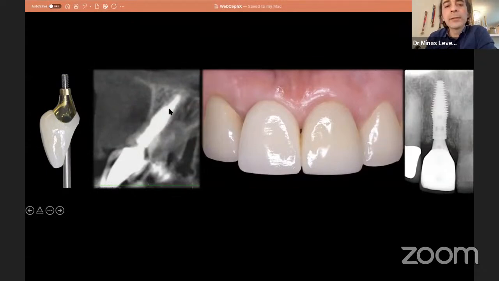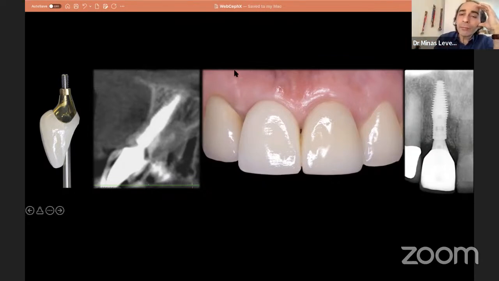You can see that because we place and we load the implant, this loading activates biomechanically the new bone. Here, buccally, this is the new bone that we created with the synthetic. And the activation of the new bone, because of the occlusal loading of the implant, biomechanically, the bone will remodel and it will keep the volume as long as the tooth is in place and the implant is biomechanically activated.